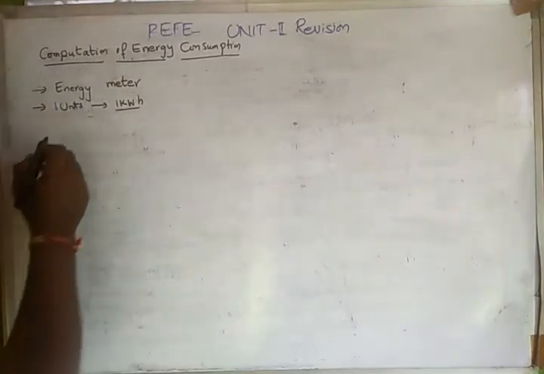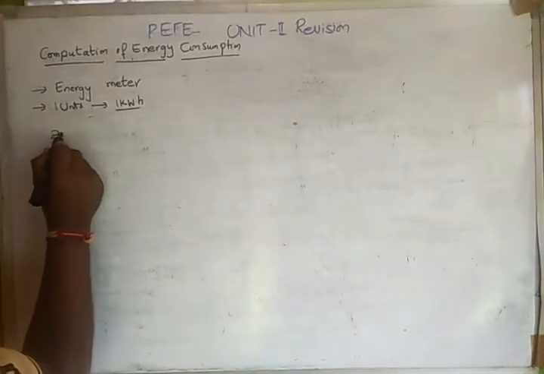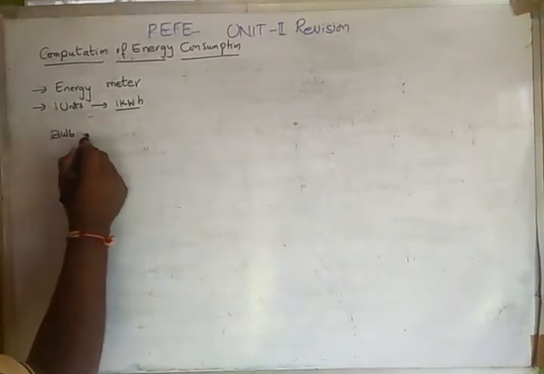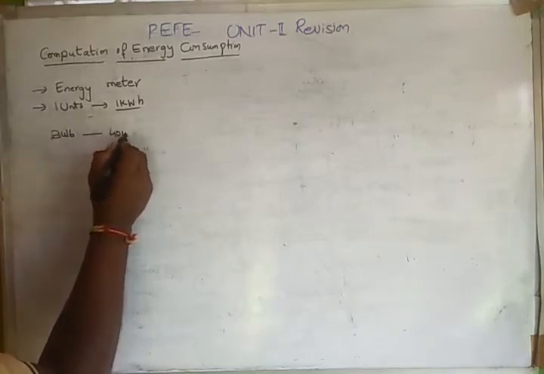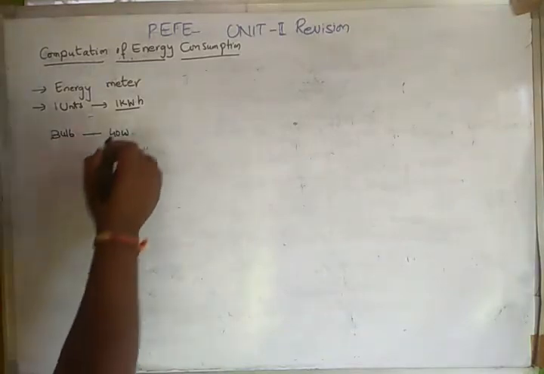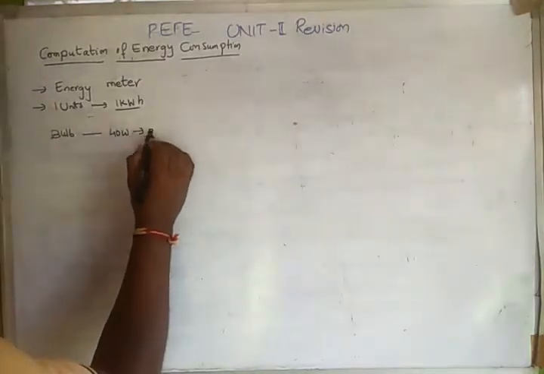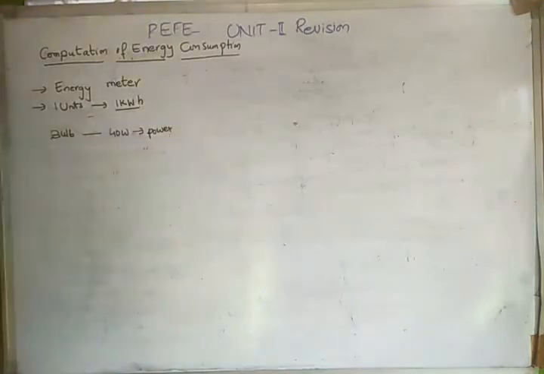For example, let us consider a bulb with a capacity of 40 watts. What is the unit of power? Watts.